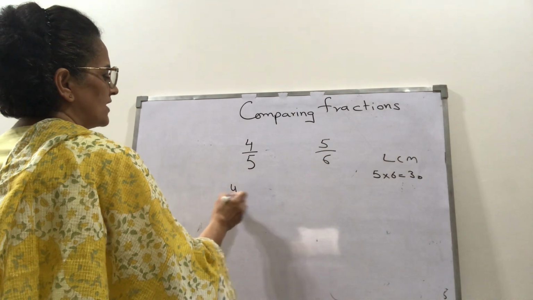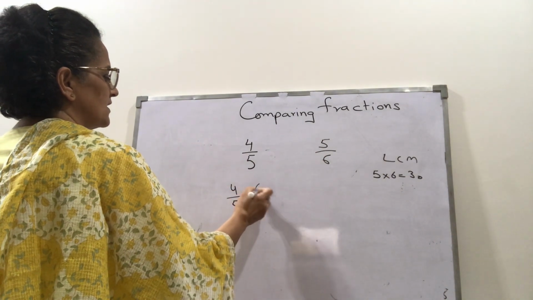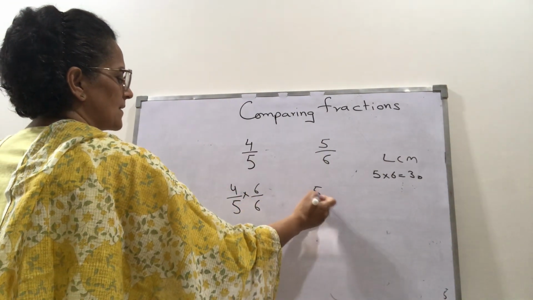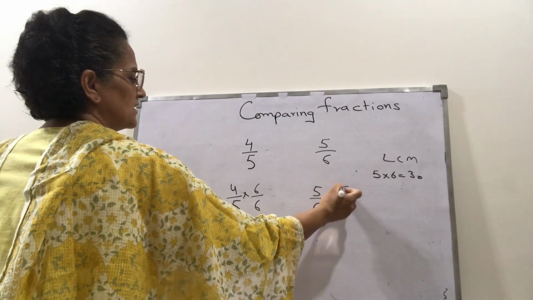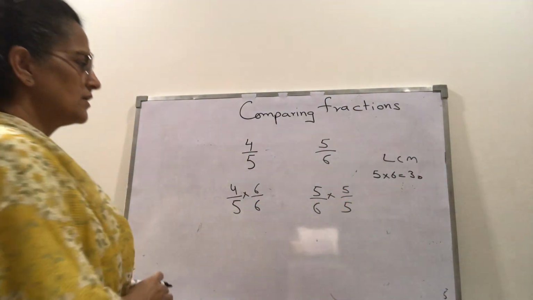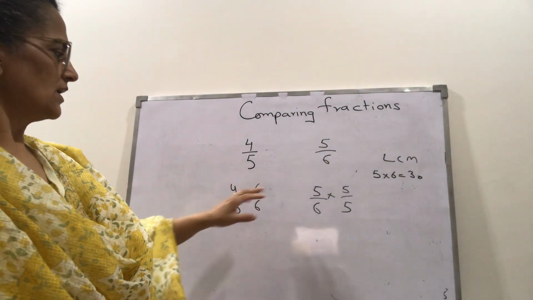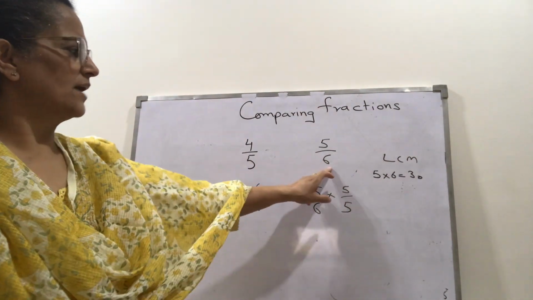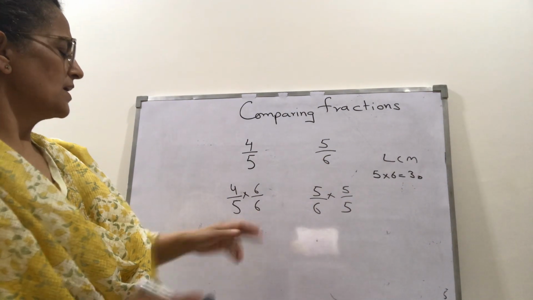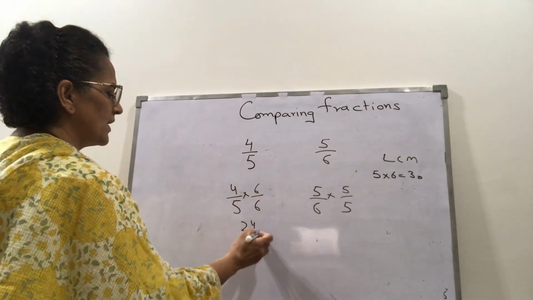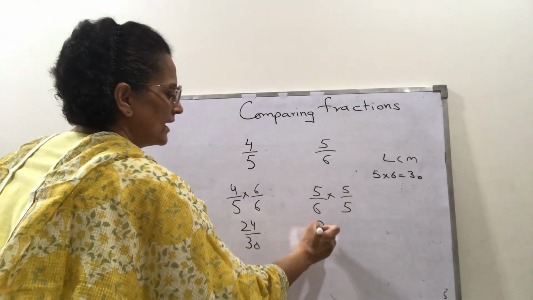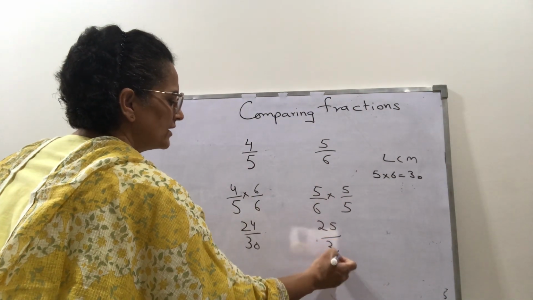So I will write 6 and 6 and here I will multiply with 5. So 6 5s are 30, so I will make the denominator same. I will get 24 by 30 and here I will get 25 by 30.